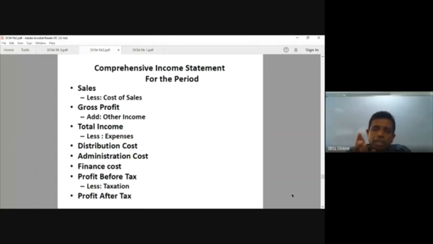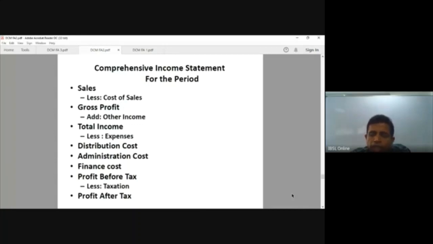What is important is, if you are to analyze the normal business profit, please take the income statement, the last item, that is profit after tax. Other comprehensive income will talk about the capital nature gains and losses.